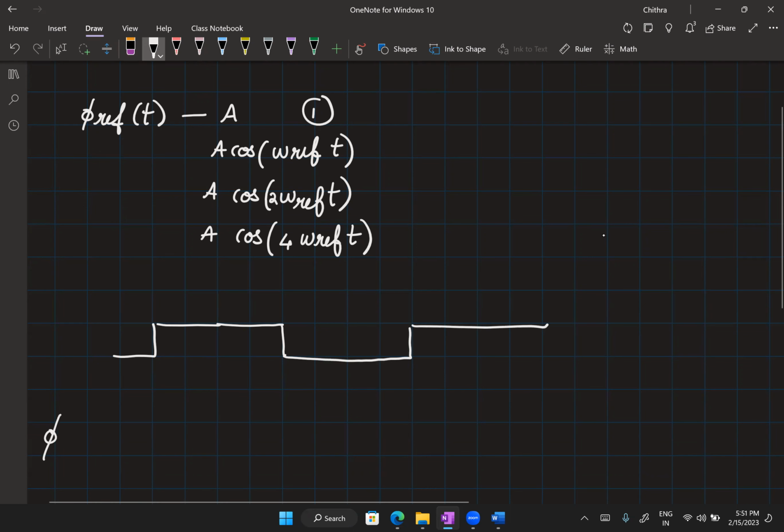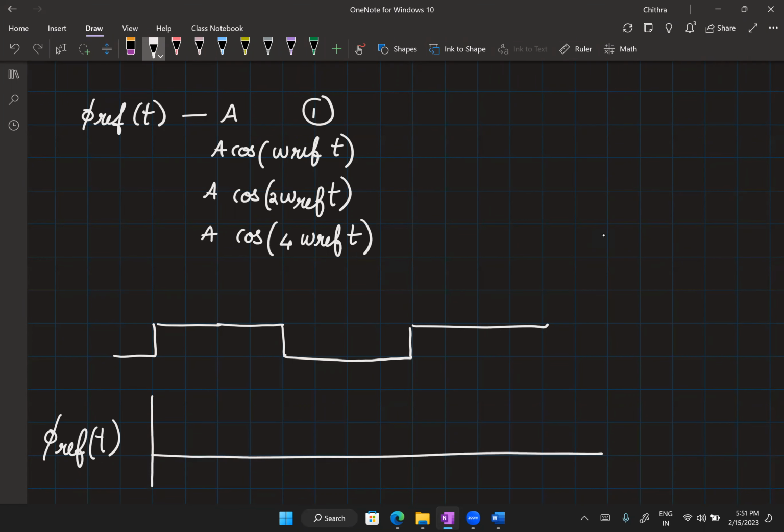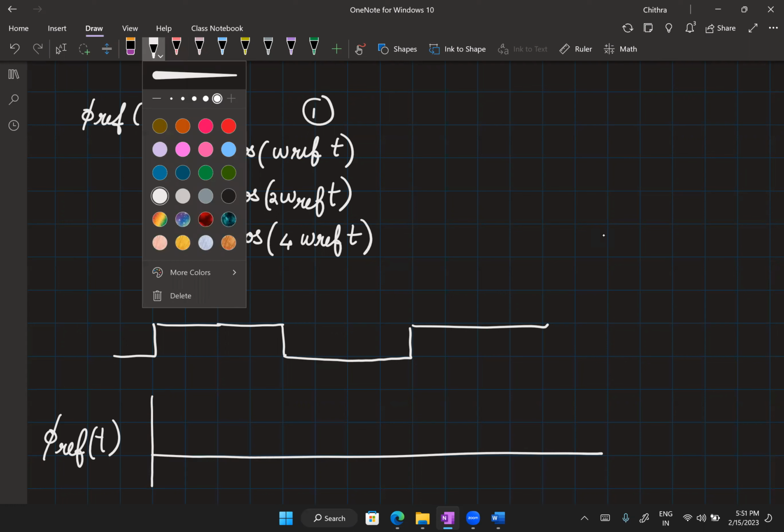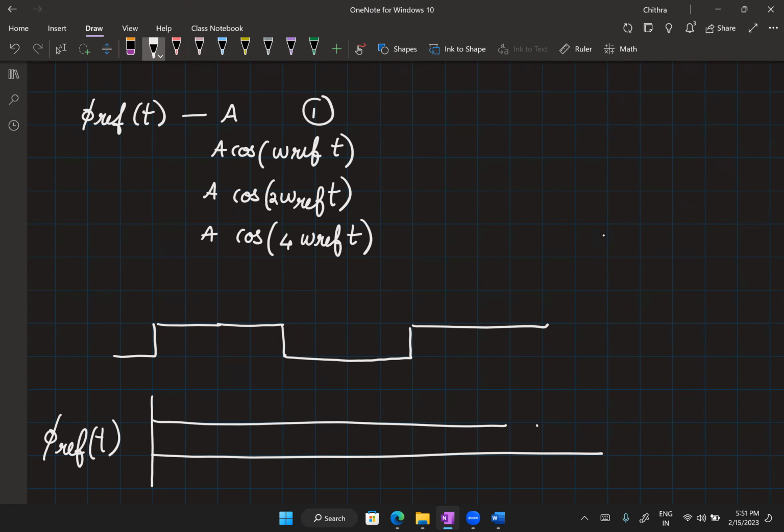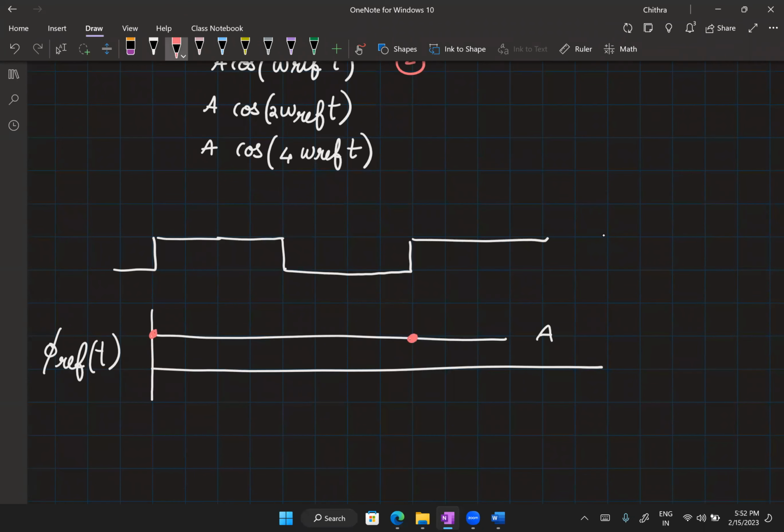Now, if I were looking at phi ref of t, I will simply sketch it out for all the cases above. So first case is where the value is simply a. Now, the second case is where you will have a cos waveform, which will have the maximum value at these points and the minimum value here, 0 crossing somewhere here. Assume that this is a cos waveform.